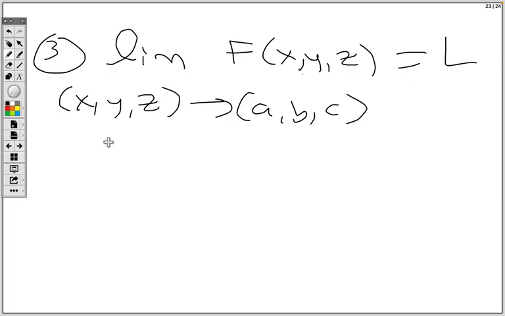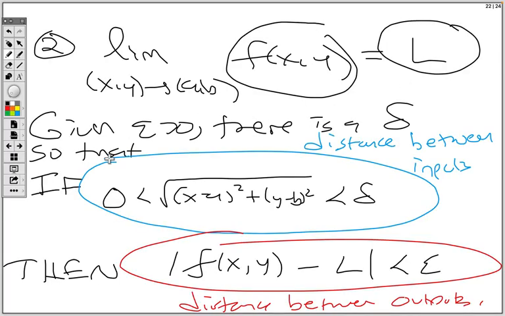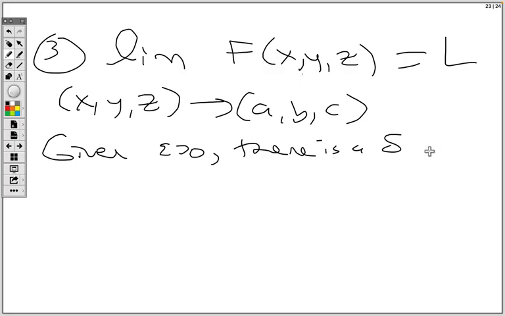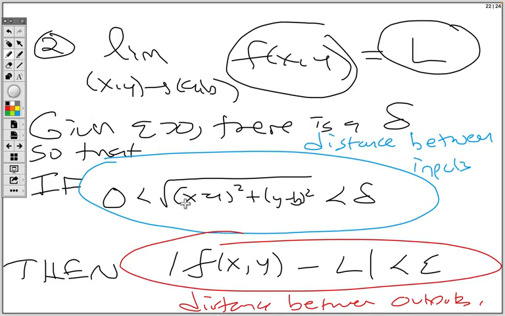This is what L means. Well, guess what? We're going to start off the same. Given epsilon greater than 0, there is a delta so that if, and now we need a statement about the distance between inputs.